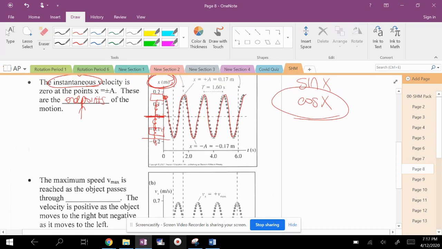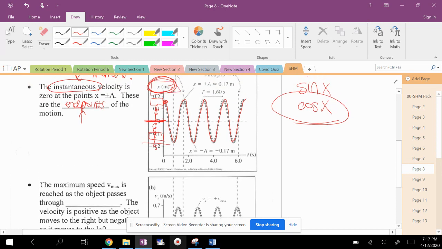Okay, so this is your position time graph. So ask yourself, if your block is starting at the end point, and this right here is equilibrium, and this right here is A, this is x equals 0.